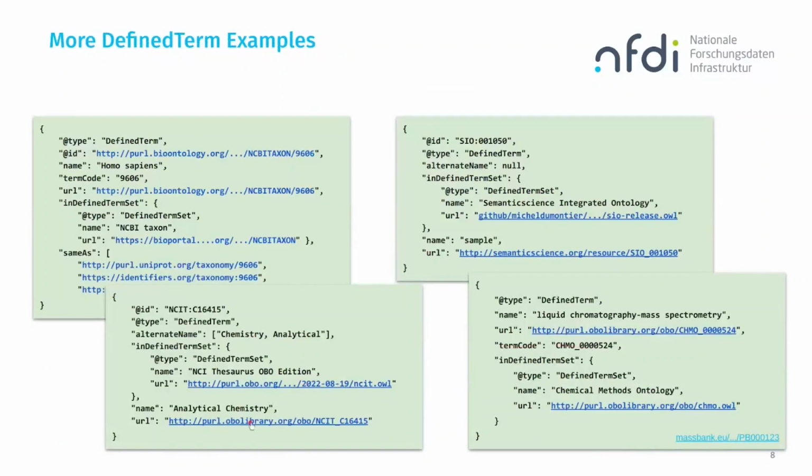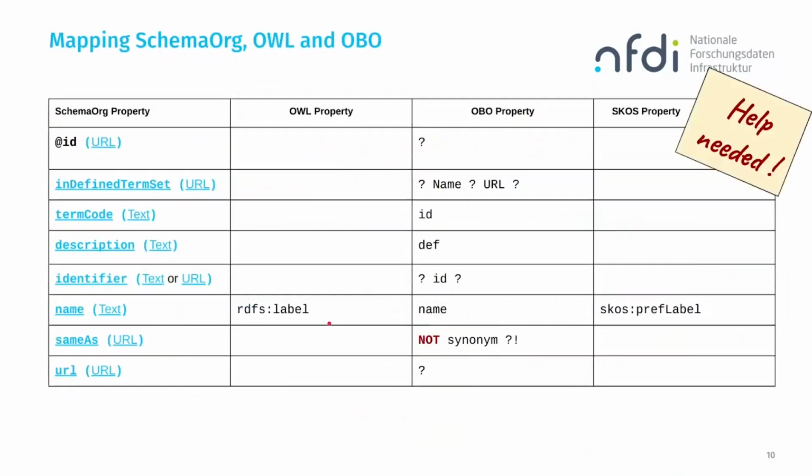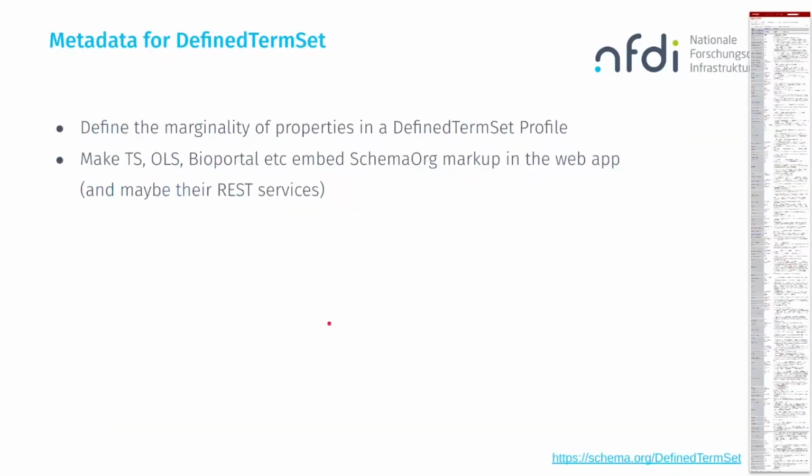If you check the examples we have, some of them go to PURL, this one goes to another URL in that domain, and so on. The same goes for PURLs or identifiers.org, so stuff like that. This really needs to be figured out, what we want to have there.